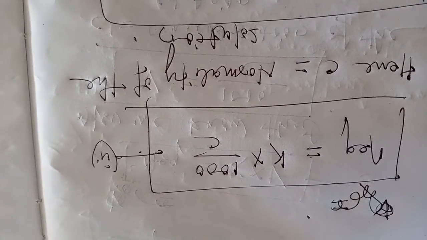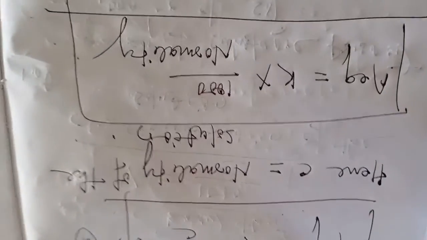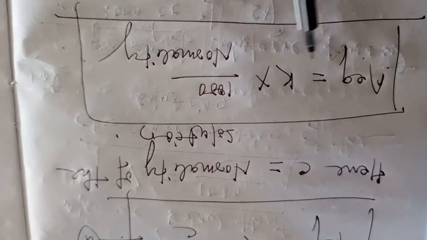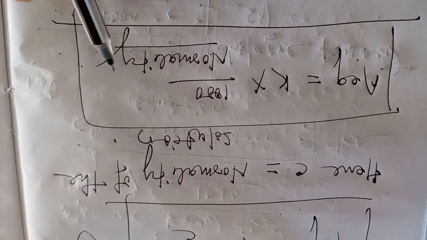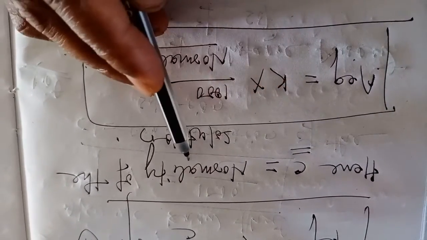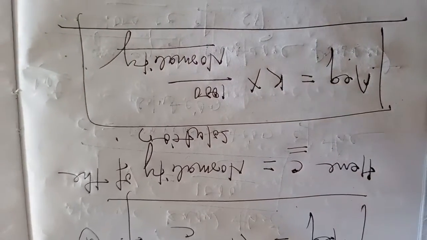This is the equivalent conductance. So in place of C we write normality, which expresses C as the normality of the solution.